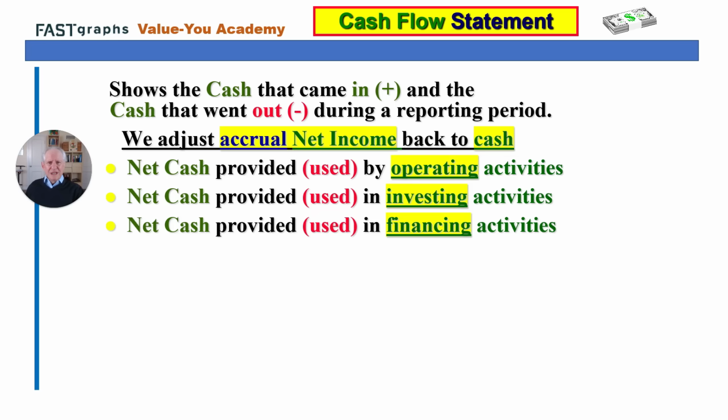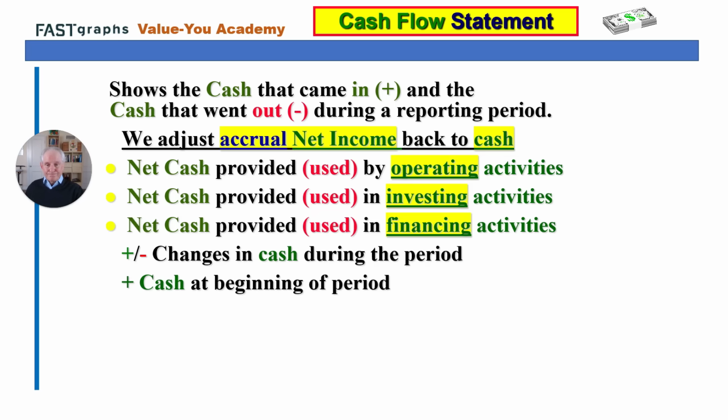So we're really looking at cash in and out and the change in cash flow from operations, investing, and financing. We do the sum of those things and we look at the plus or minus changes in cash during a period of time. If it's for a fiscal year, it's for the past 12 months. What cash did we start with at the beginning of the fiscal period?